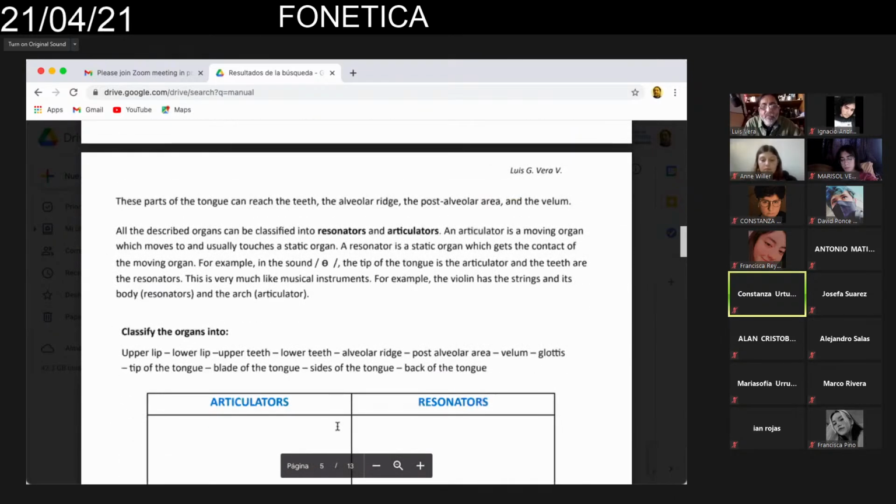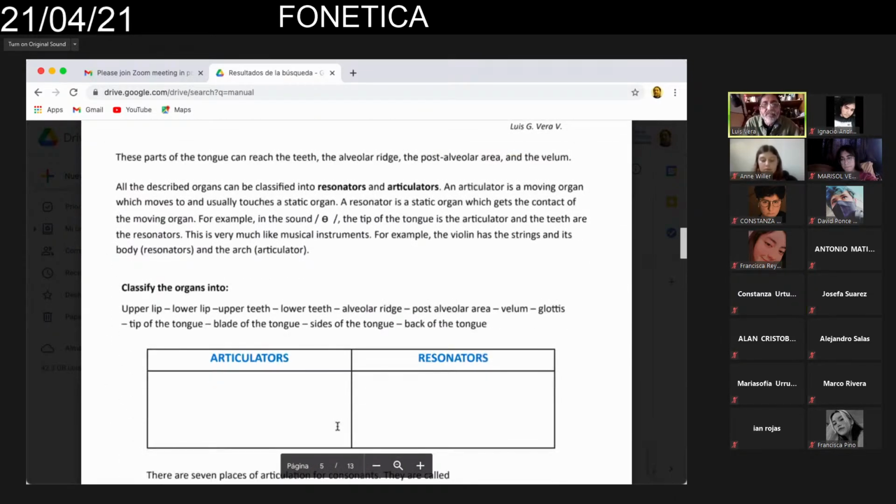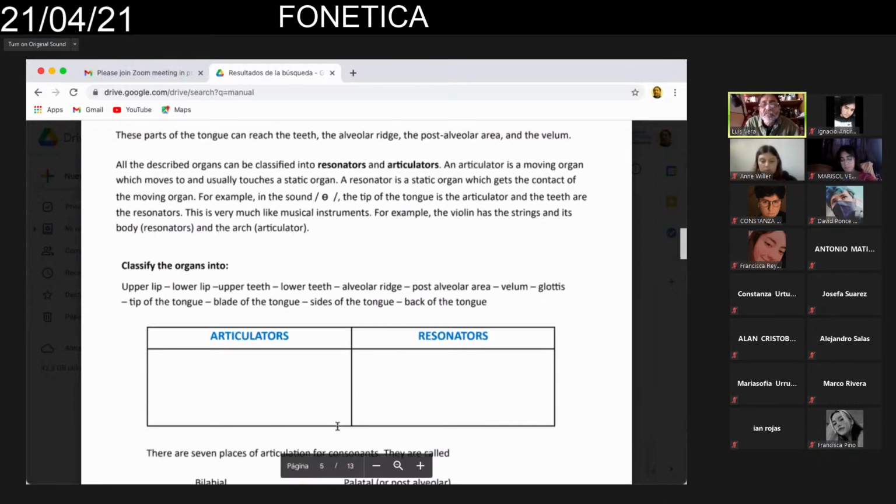Here there is an exercise. These parts of the tongue can reach the teeth. All the described organs can be classified into resonators and articulators. An articulator is a moving organ which moves to and usually touches a static organ. A resonator is a static organ which gets the contact of the moving organ. For example, in the sound f, the lower lip is the articulator and the teeth are the resonators.